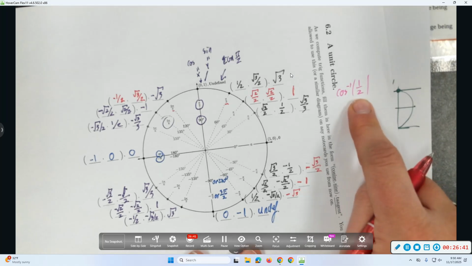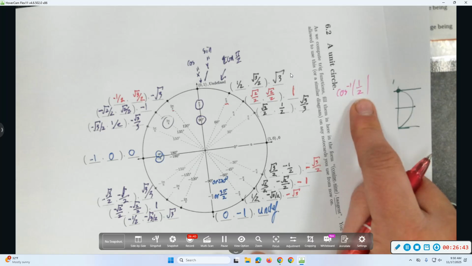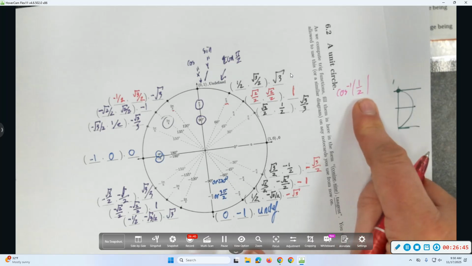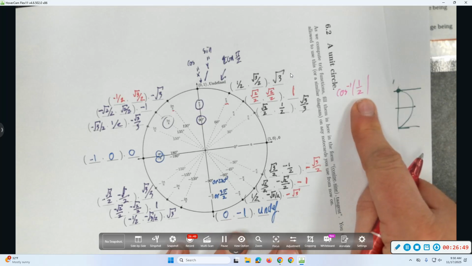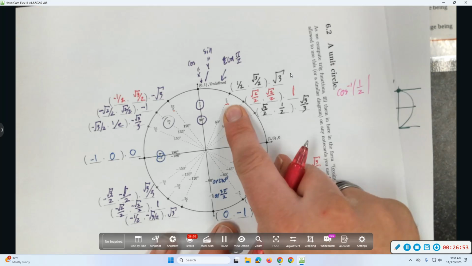So if I want inverse cosine, I start with the x value and then you tell me which angle you get. What do you got? Pi over 3. So pi over 3 is the inverse cosine of 1/2.